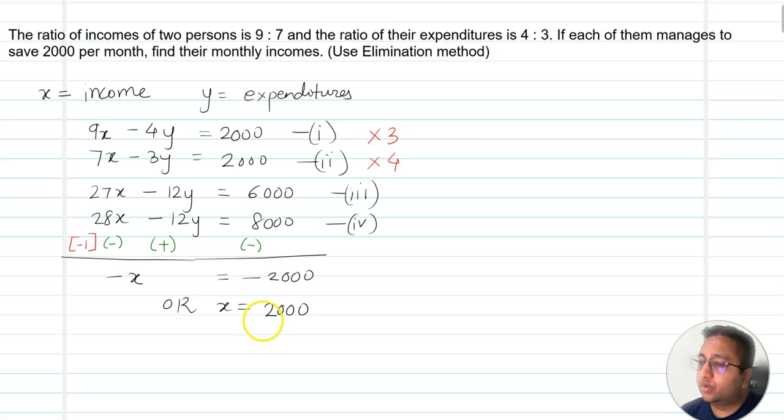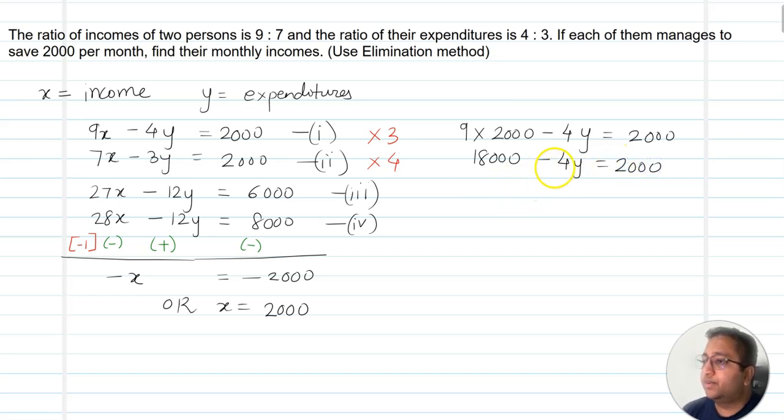Now this value of x equal to 2000 can be substituted in any of the above equations from equation 1 to equation 4. It doesn't matter, it will give the same and consistent value of y. Let me put this value of x equal to 2000 in the very first equation. That will give me 9 into 2000 minus 4 into y, which is equal to 2000. 9 into 2000 is 18,000 minus 4 into y is equal to 2000.